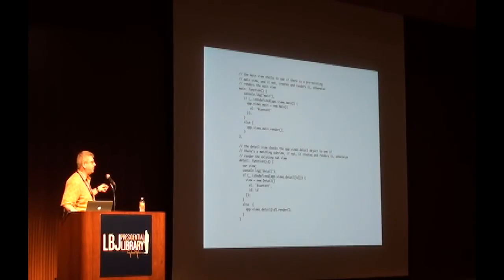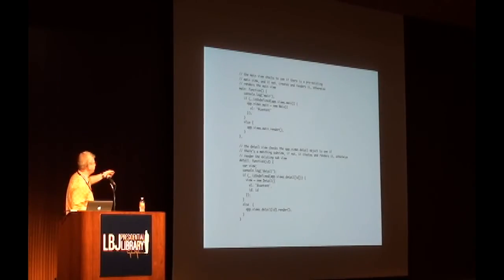So here is my attempt to show you some code. So you can basically say, here is the main view. What main's going to do is simply say, have we created this view yet? And that view is going to be listed inside this object called app views main. If it doesn't exist, then we're just going to create it.